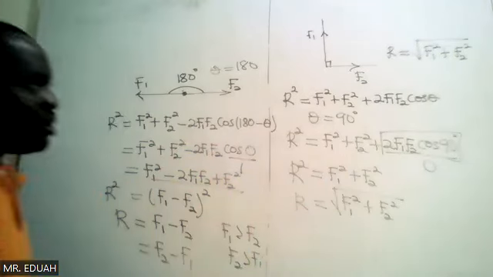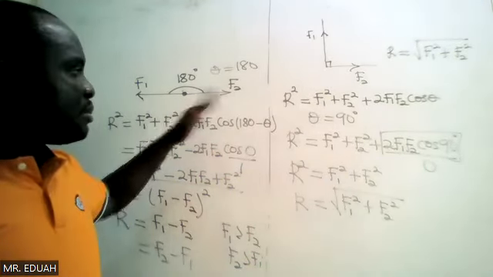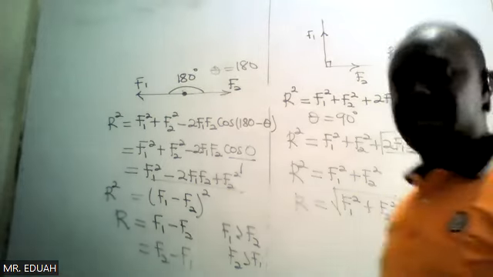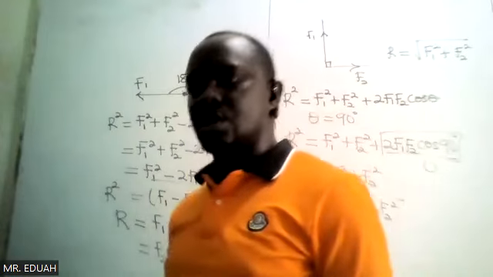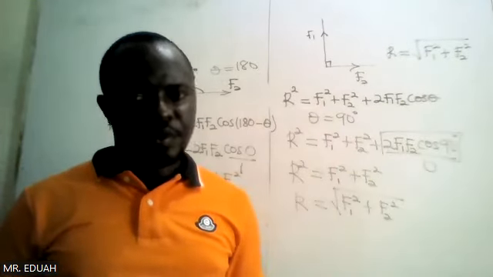When the angle is greater or less than 90 between two vector quantities, or greater than 90 and less than 180, obtuse, we are using the cosine rule to find the resultant.